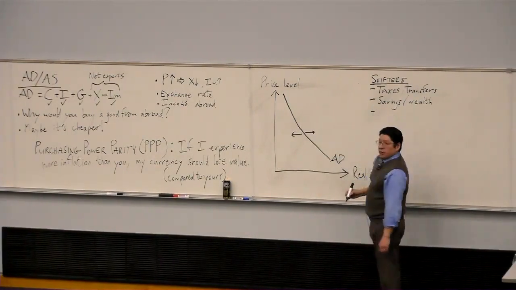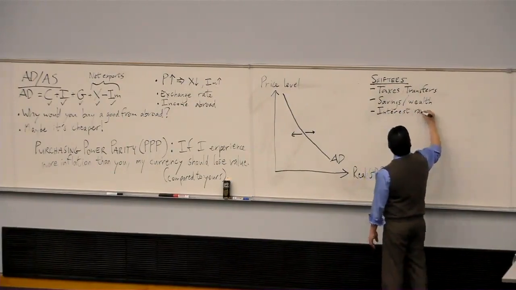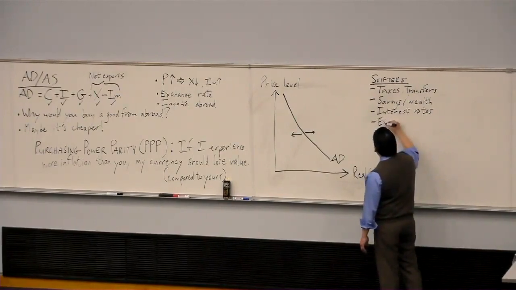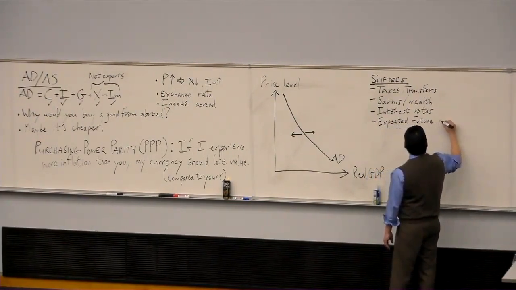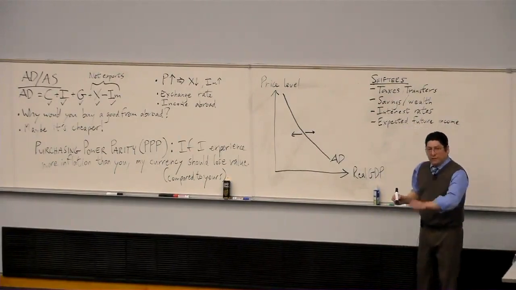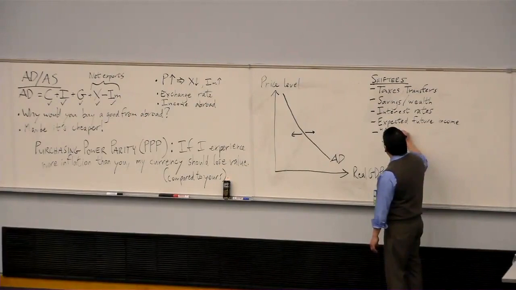And you can also borrow, and that means that interest rates matter. And since you're borrowing against your expected future income, then those forecasts of your future income could matter as well. This, of course, raises a specter of animal spirits.